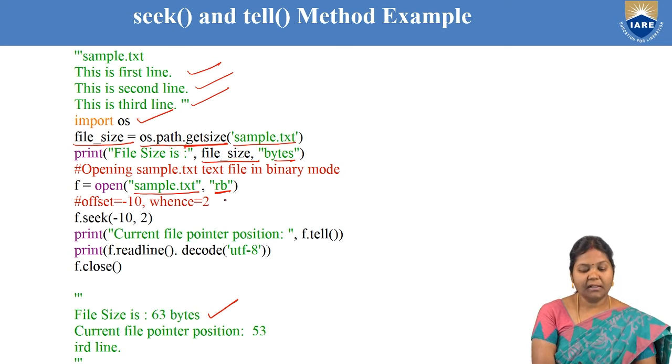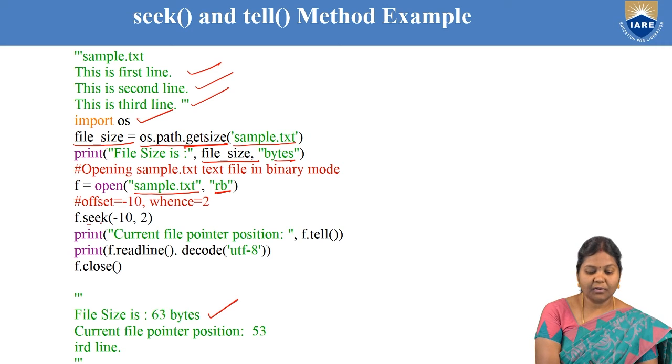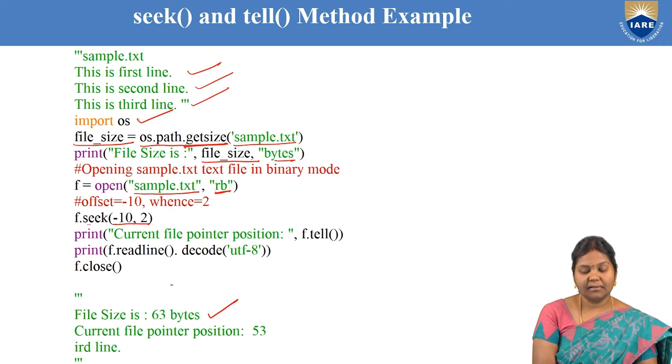Now, after that, let us move 10 characters back from the end of the file. So what you write is f.seek of -10. This is your backward direction. You want to move your file pointer in the backward direction by 10 characters, or 10 bytes, and 2 is nothing but from the end of the file.